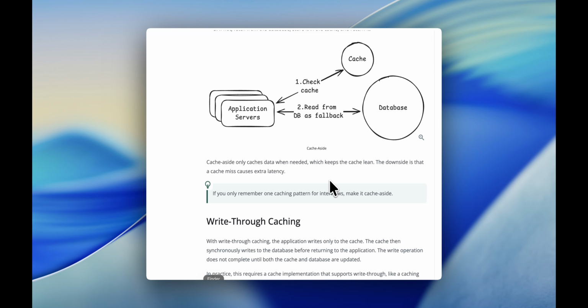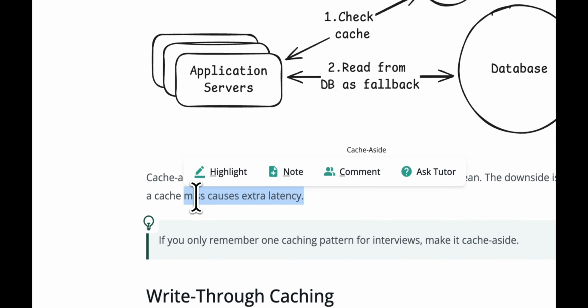The cache aside only caches the data when it is needed, and the purpose of this is that it keeps your cache lean. The downside is that it adds an extra latency. Why does it add extra latency?